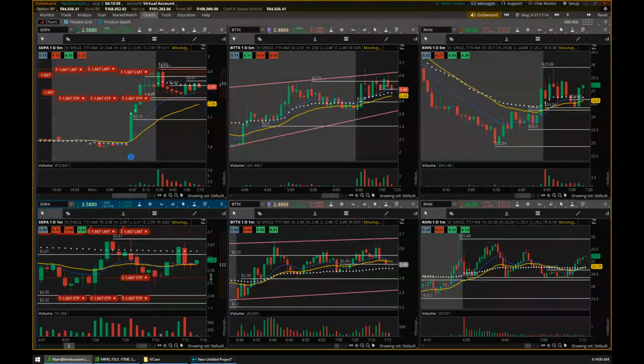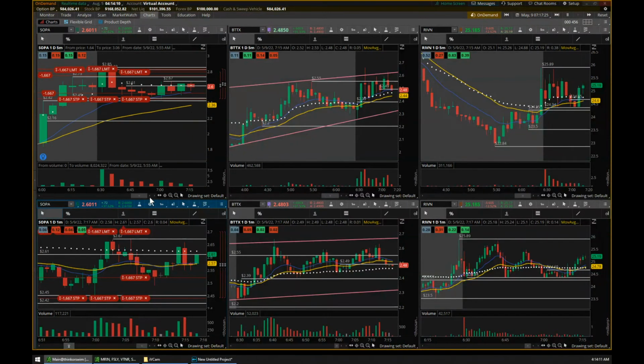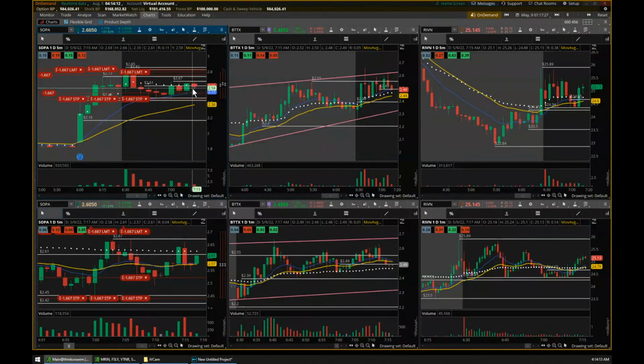Come on, where are my buyers? There they are, stepping in. Give me some more buyers. Come on, buyers. Let's go. Push this thing higher. It looks like it wants to go on to 5 here. Look at that. Look at it bouncing off that EMA. Come on, push higher. Once it gets up above here, look out. She's going to go. It's going to explode.